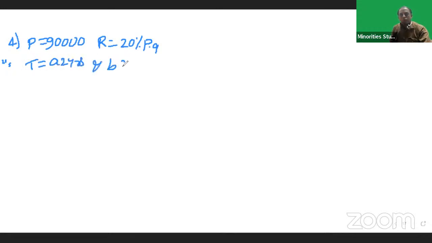Then find the population of the town after 2 years and before 2 years.